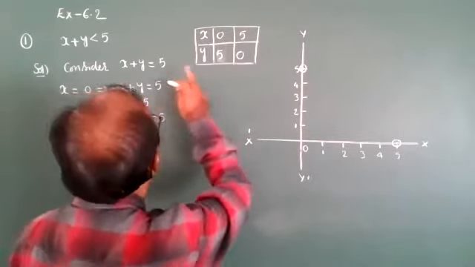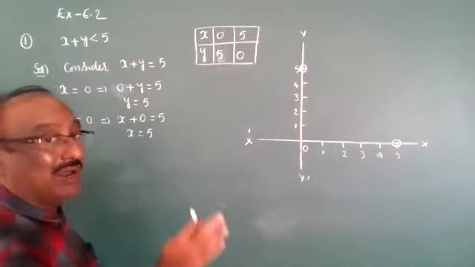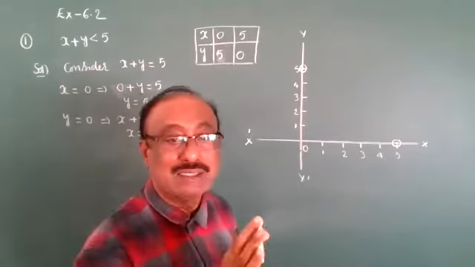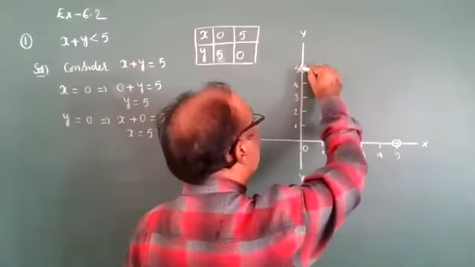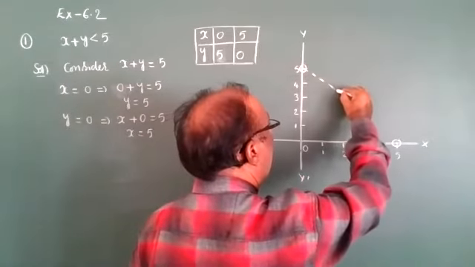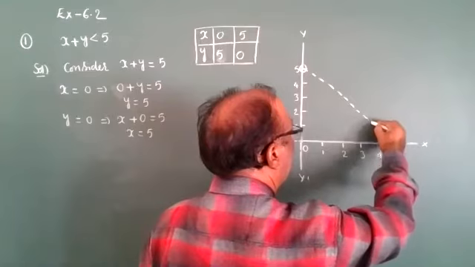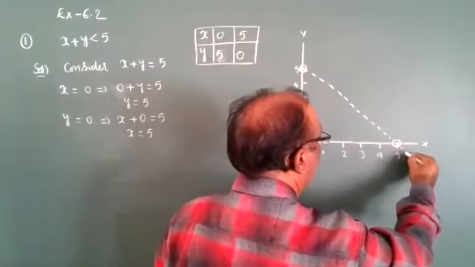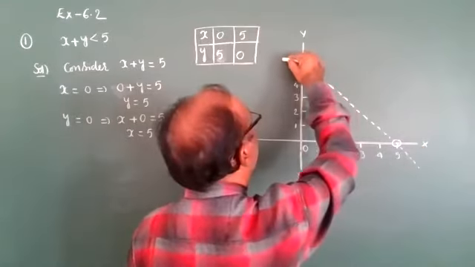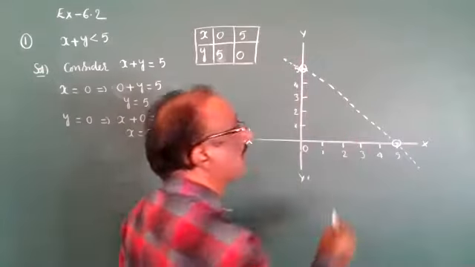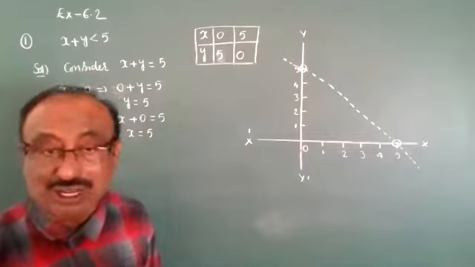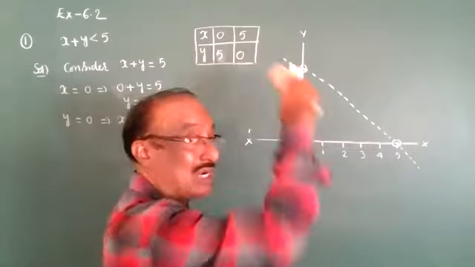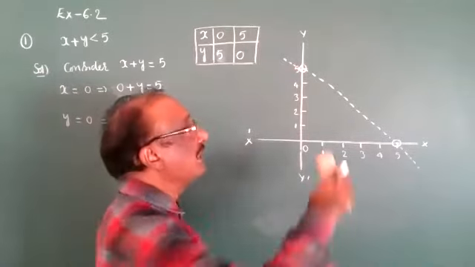Now everyone observe: less than 5, no equal. No equal means you should draw a dotted line. You should draw the dotted line only because of no equal. Equal means straight line.